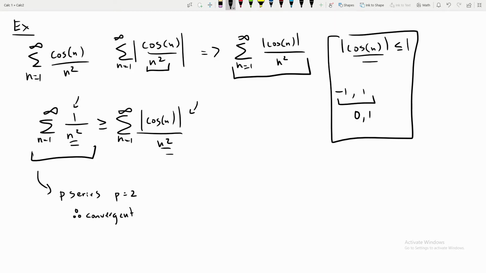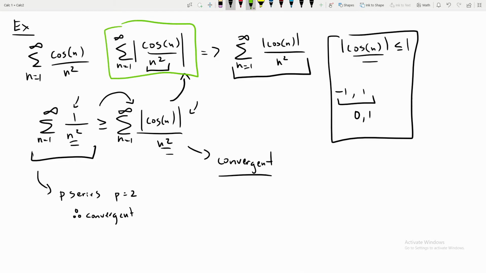And if this series is convergent and it's in a sense a larger series, that would tell us through the comparison test that this series right here, the smaller series, is also going to be convergent. So this series is convergent. And now that means that the series we initially took and simplified to get to here is also going to be convergent.